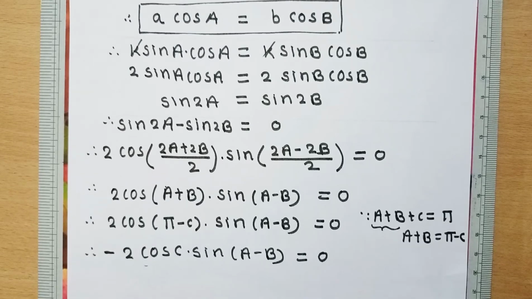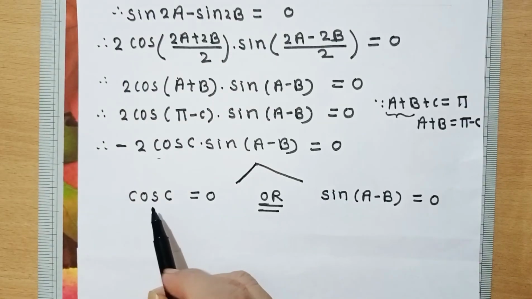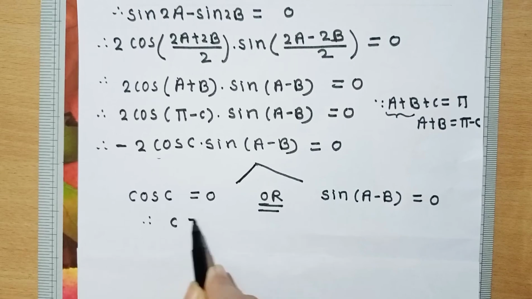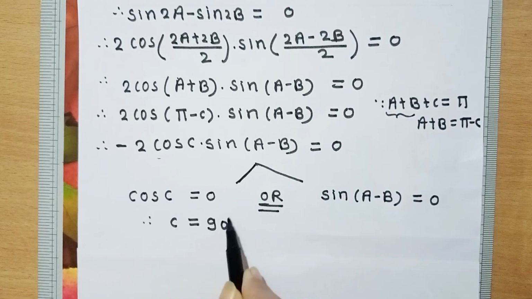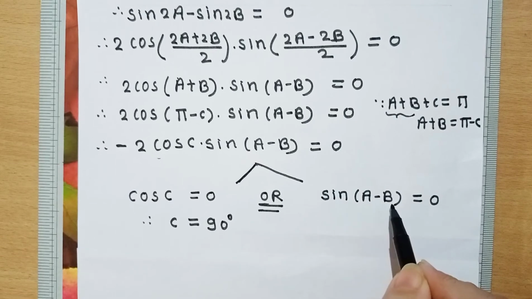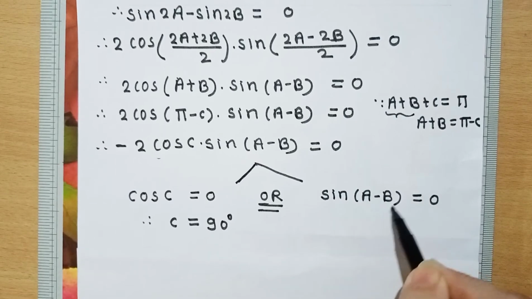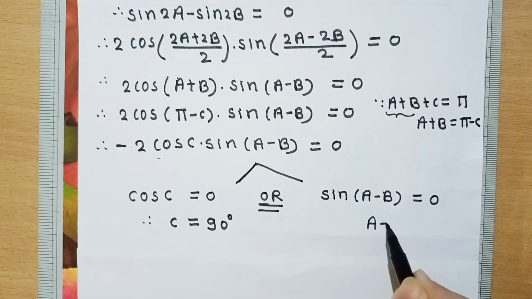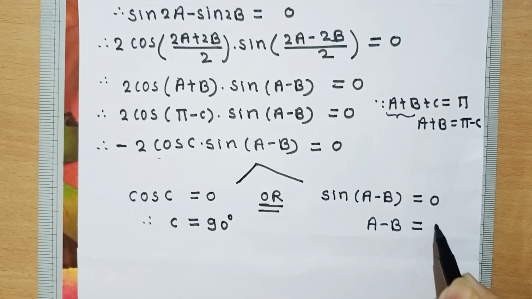So now check here, cos of C equal to 0, that means this angle must be 90 degrees, means pi by 2, and here sine of A minus B equal to 0, that means this angle must be 0. So A minus B equal to 0, and therefore A equal to B.